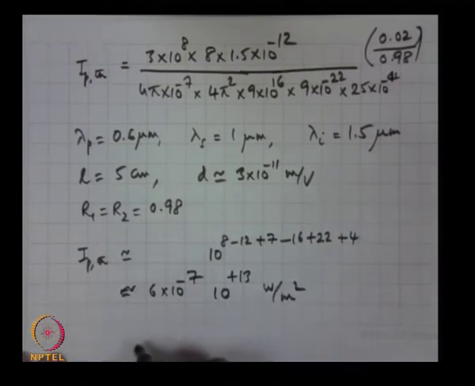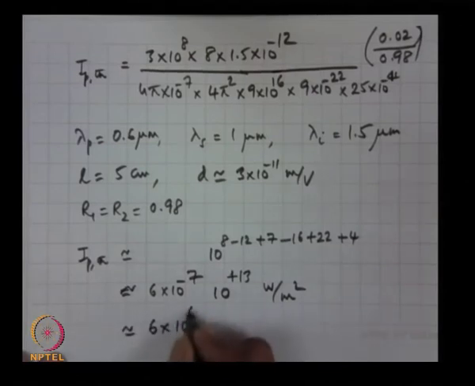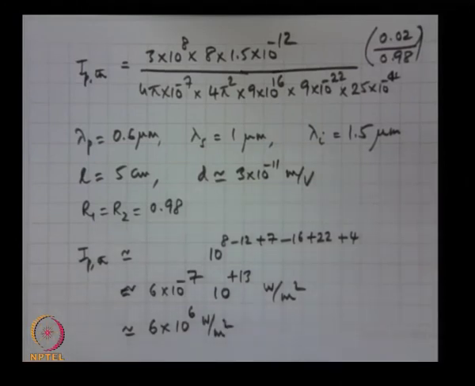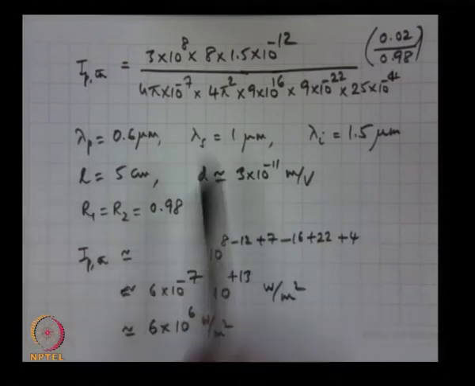You will get something like 6 megawatts per square meter. Anyway, you just calculate, multiply, and it comes out to be of the order of 6 megawatts per square meter.